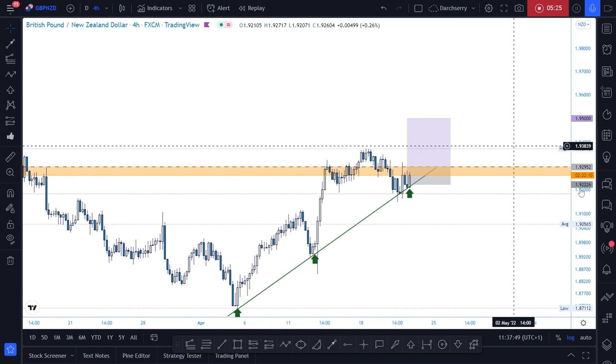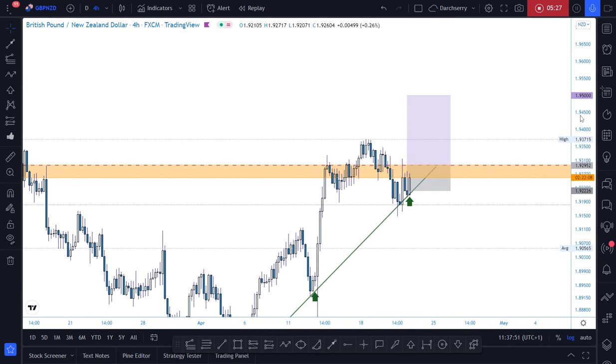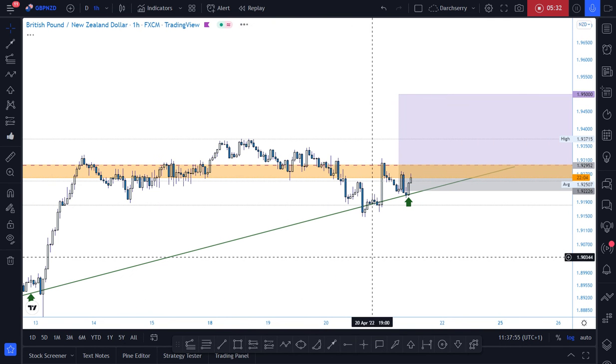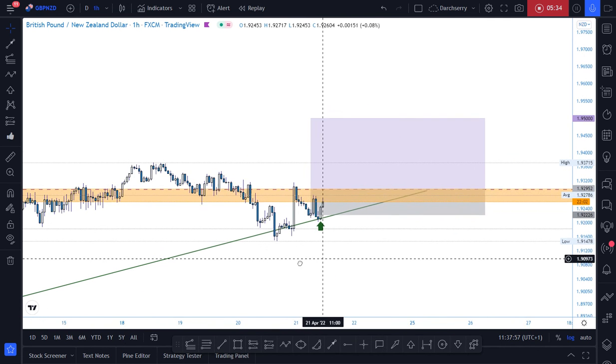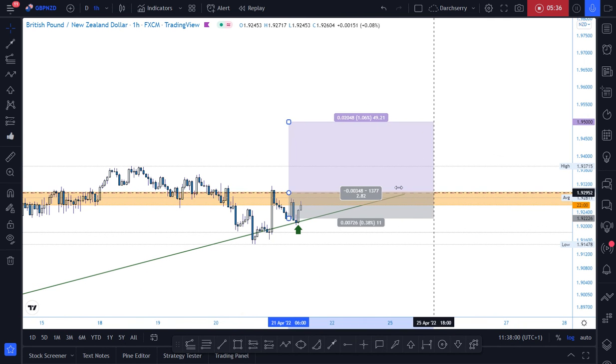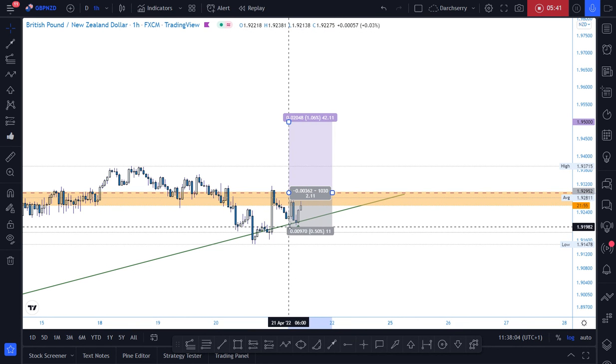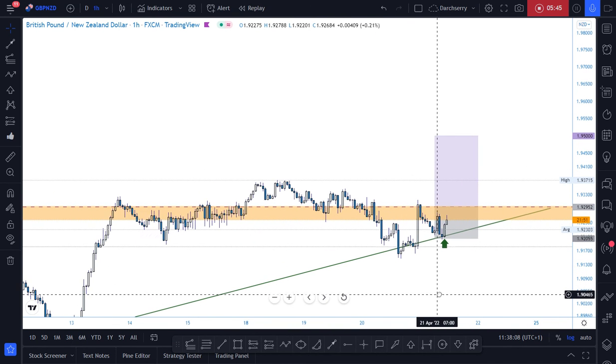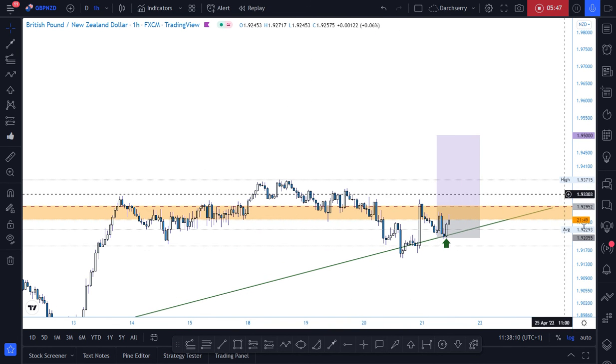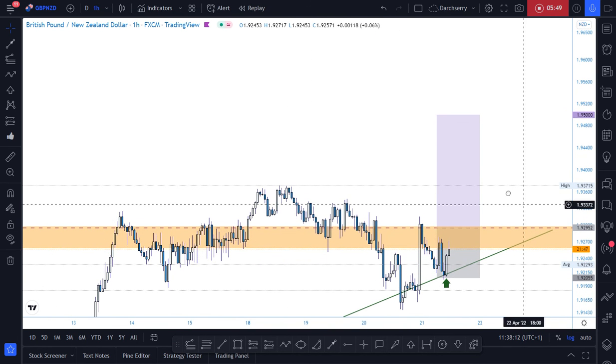So I'll pause the video at this juncture in the market and let's see how price is going to react as time goes by. My stop loss is going to be right below this low. And besides, I'm thinking of adding a position.